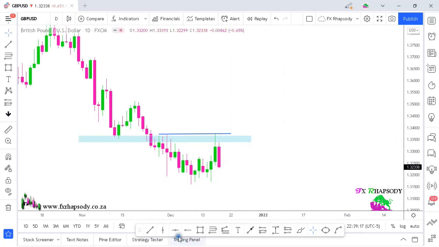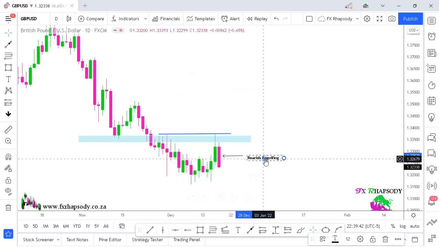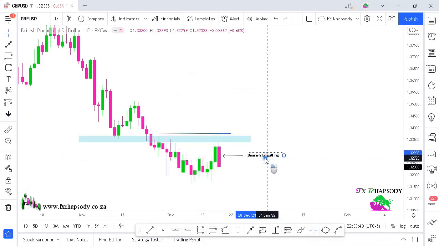For those of you that know or don't know, I just wanted to type there: what type of candle is that? That is a bearish engulfing. Let's just see my spelling here. So we're looking at a bearish engulfing candle that the week closed on, with that long bearish candle there.